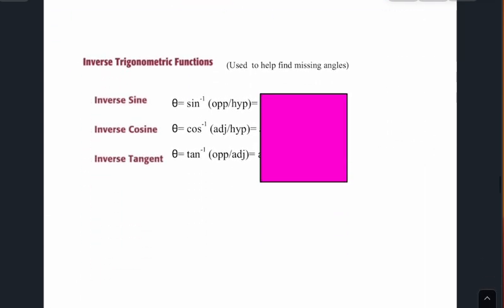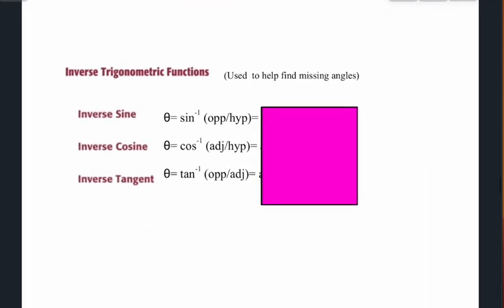Okay. Now, one thing you might have noticed is that everything we did yesterday, we were always looking for the side, but never the angle.